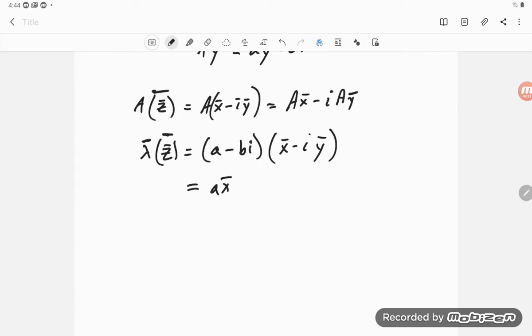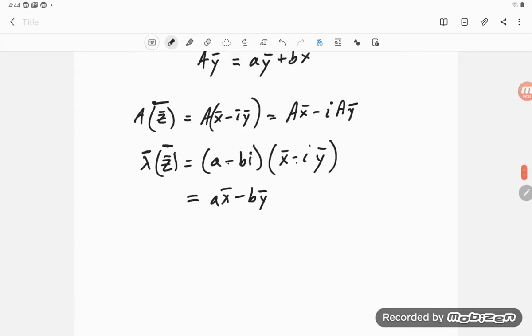And so, putting everything together, we get ax, minus and a minus make a plus, and then two i's, i squared makes a minus, and so we get minus by, and then minus i times, we have our bx again.